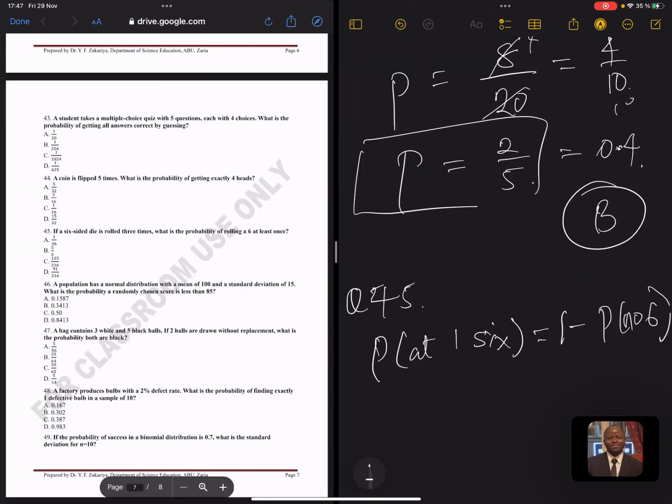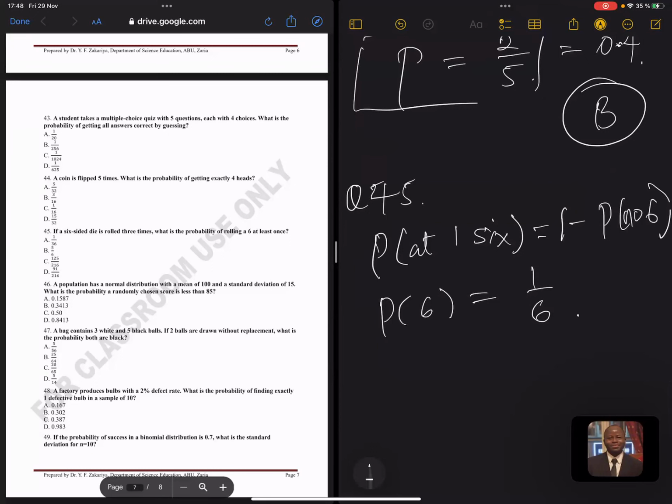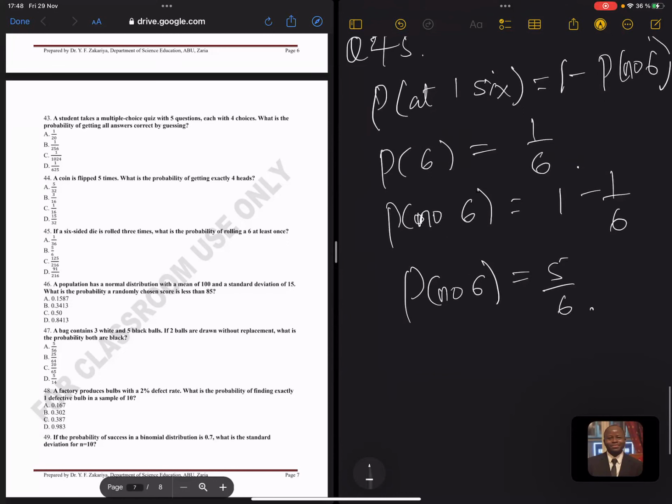What is the probability of obtaining a 6? It is 1 over 6. Then the probability of no 6 is going to be 1 minus the probability of 6, which is 5 over 6. But remember, the die was rolled 3 times. That is binomial, using your binomial now. So the probability of no 6, 3 times.